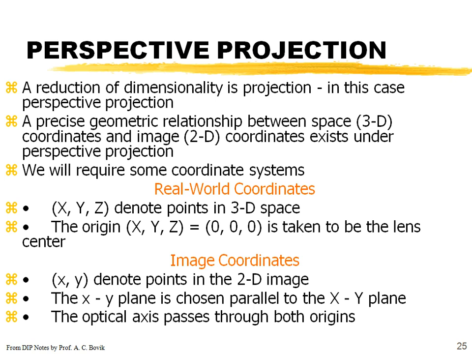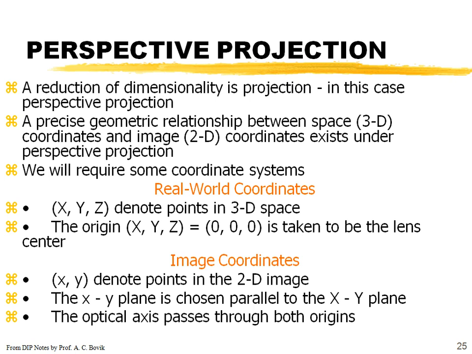Now, for the image that gets projected from that object, we'll define an image coordinate system, and we'll refer to that with smaller letters, small x and y denoting the 2-dimensional coordinate system or the projection. And we'll assume that the plane on which the image is projected is parallel to the 3D plane.